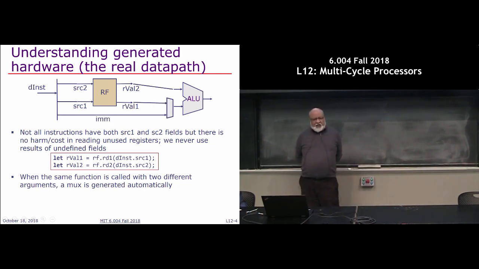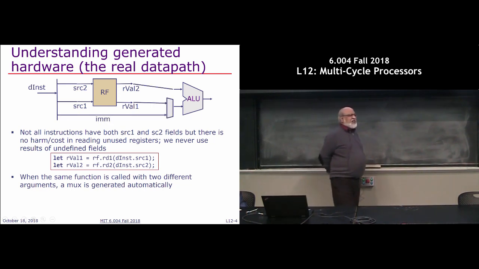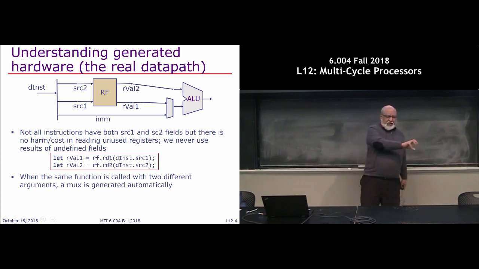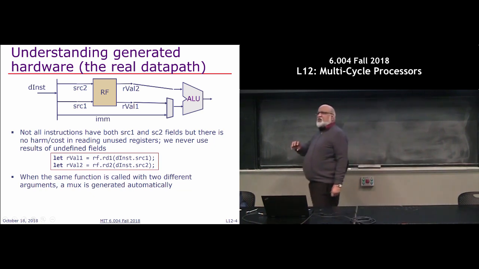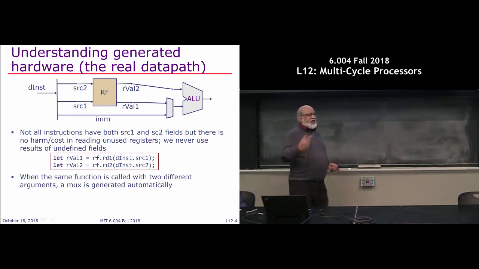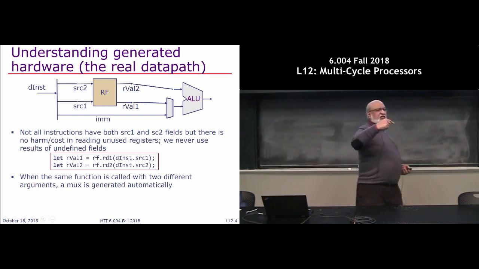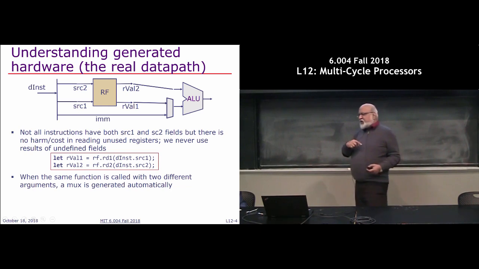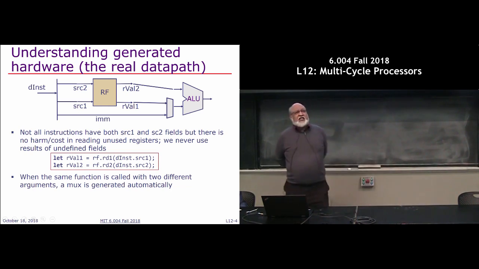In that case, another bunch of wires comes out of the decoded instruction and has to be fed into the ALU. And in hardware, whenever you have a choice, you always have a mux. So there is going to be a mux which decides whether you want the value that came out of the register file or the value that came directly from the decoder.